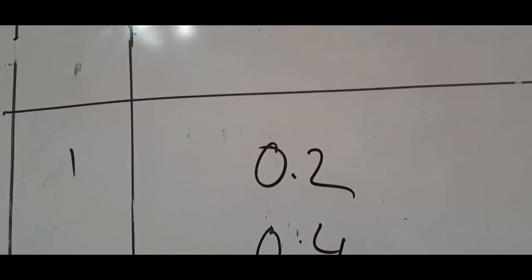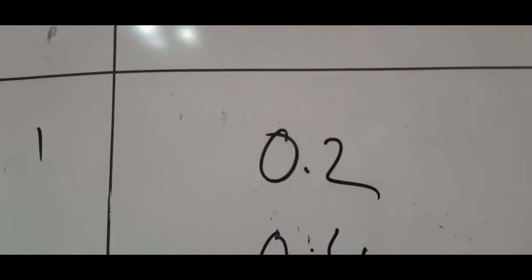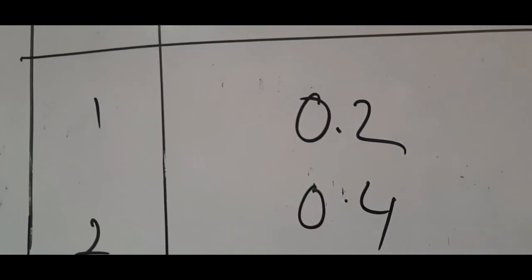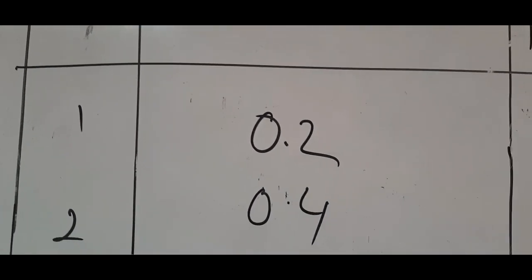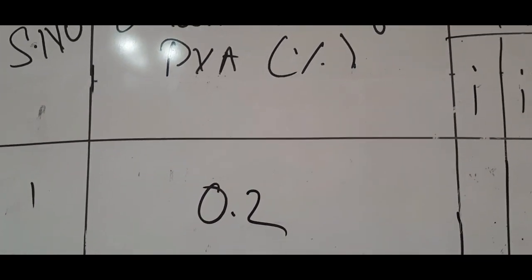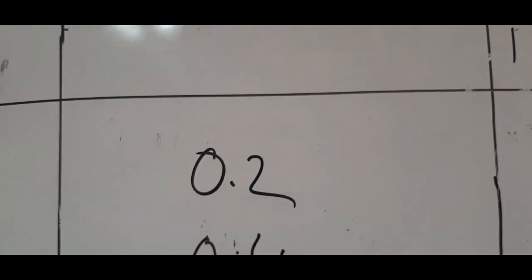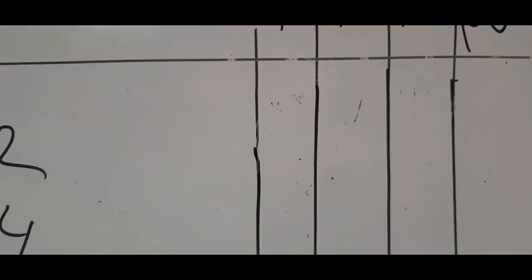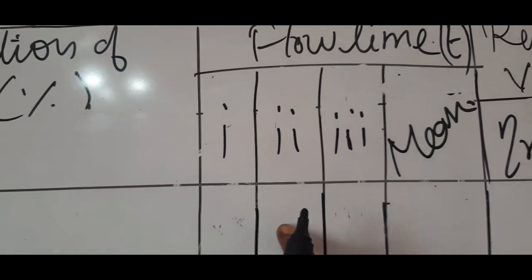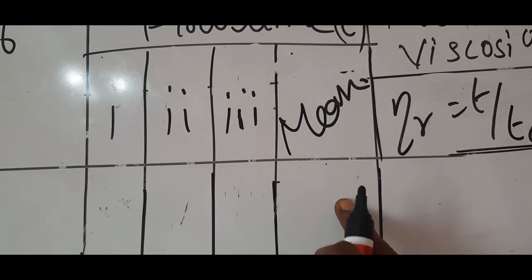So after finding the flow time for the solvent, you need to find the flow time for the 0.2 concentration, and in between you need not wash the apparatus, just drain down the solvent and then take the 0.2 concentration. For that also you have to do 3 trials and take the mean of it. This is represented as T.